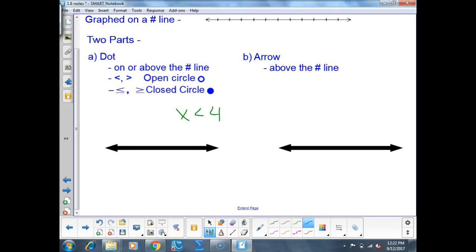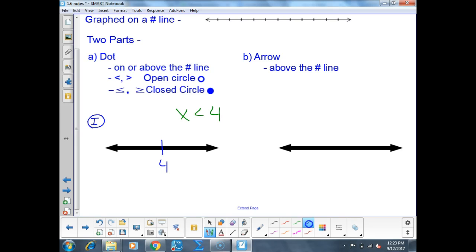So my first way that I'm going to show you is where the only number that I'm concerned about here is 4. So that's the only number that I have to put on my number line. If you want to put more numbers on there, that's your own choice. You don't need to. 4 is the only number that absolutely positively has to be on it. What kind of a dot am I using? Open or closed? Open.